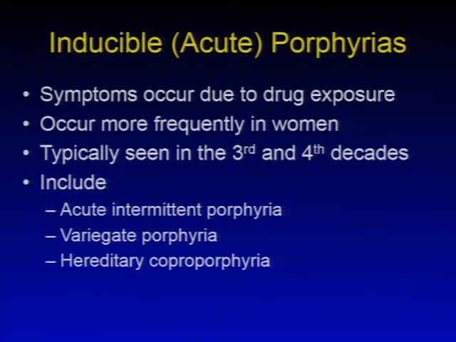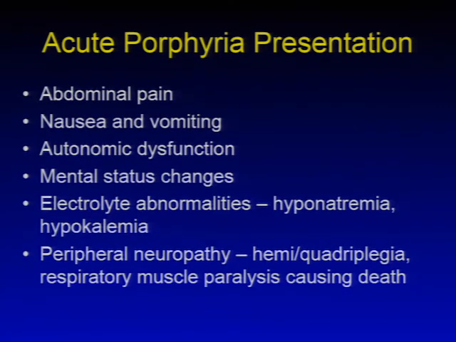They are more frequent in women, typically seen in the 3rd to 4th decades of life, and they include acute intermittent porphyria, variegate porphyria, and hereditary coproporphyria. All of them present similarly in the acute situation with somewhat vague abdominal pain, nausea, vomiting, and mental status changes.